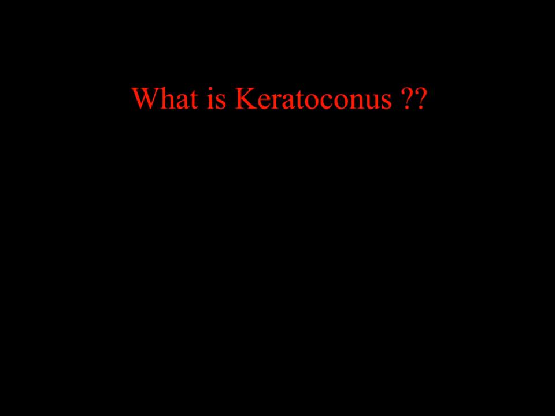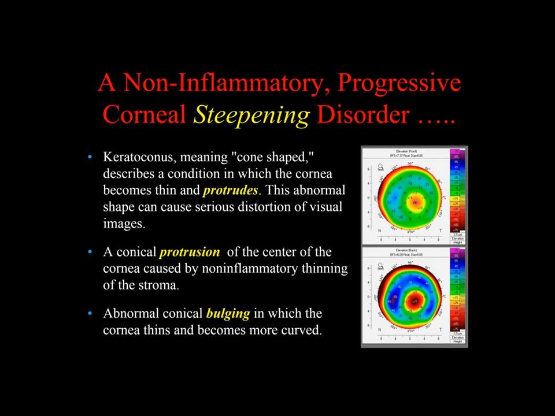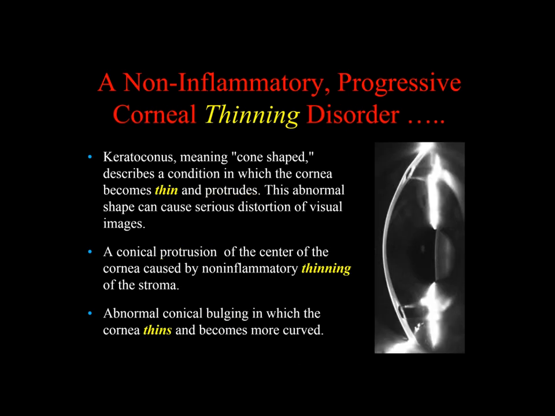If you go to any textbook, you'll see 2 words repeatedly. It's a non-inflammatory progressive corneal steepening disorder. So we hear the word steepening, and the other thing you hear constantly is a non-inflammatory progressive corneal thinning disorder. Whichever definition you use, those 2 words, steepening and thinning, are constantly used.